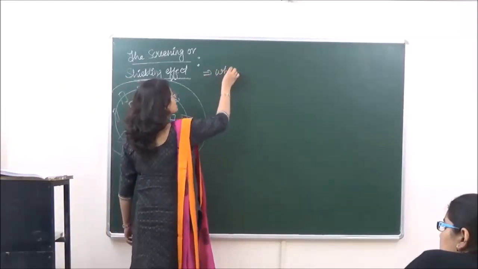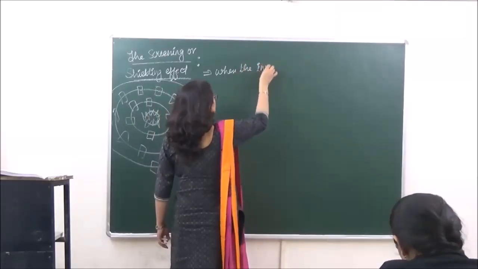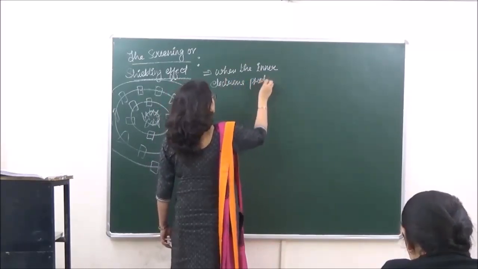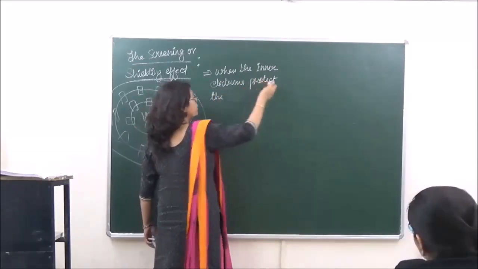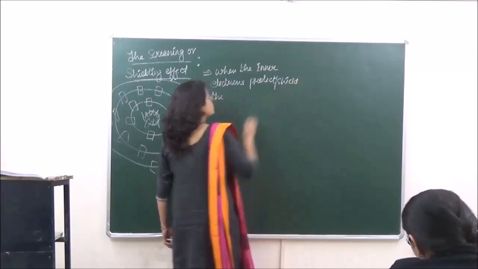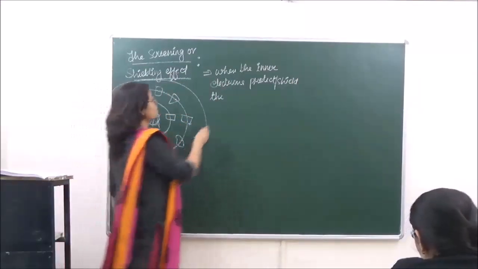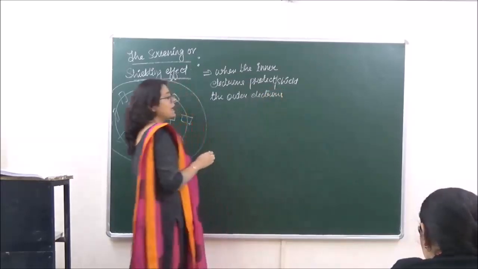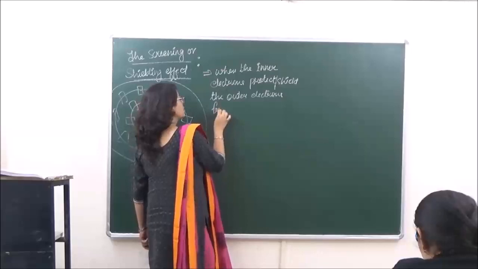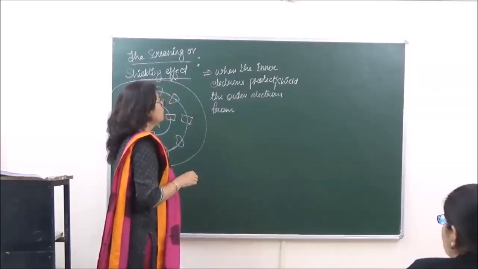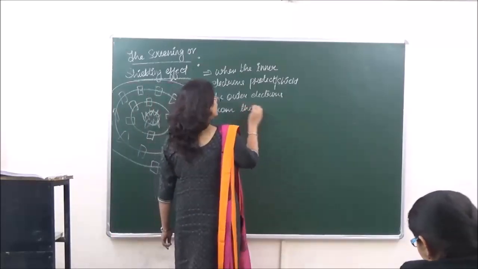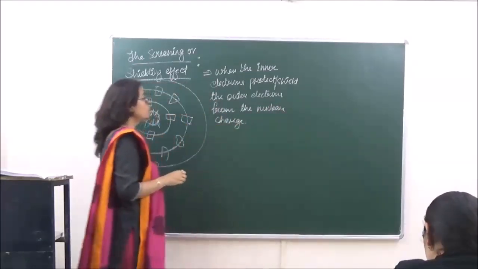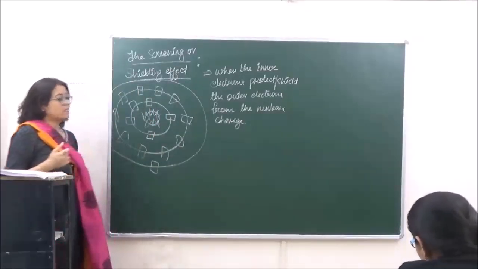So we can say, what is shielding effect? When the inner electrons protect, or you can also write shield or screen, the outer electrons from the nuclear charge, this is known as the screening effect.